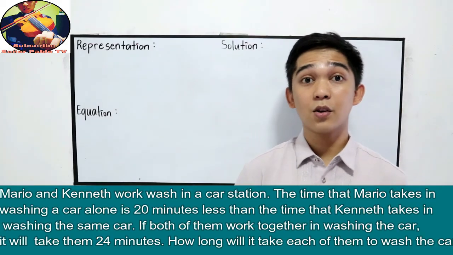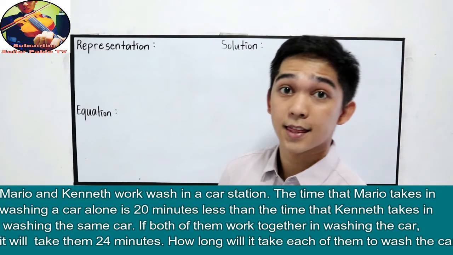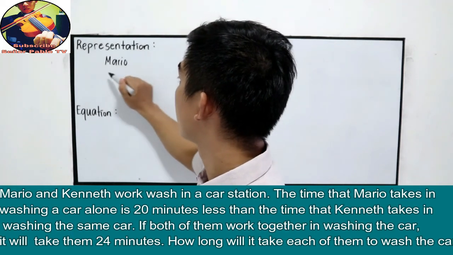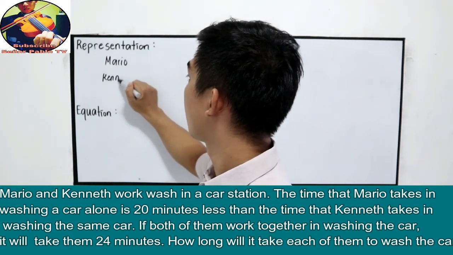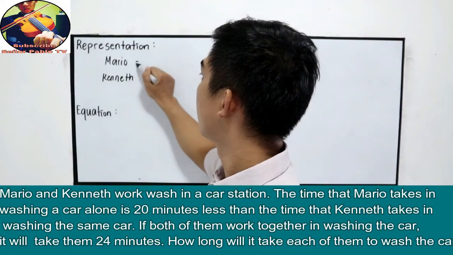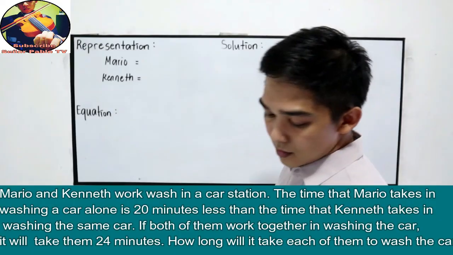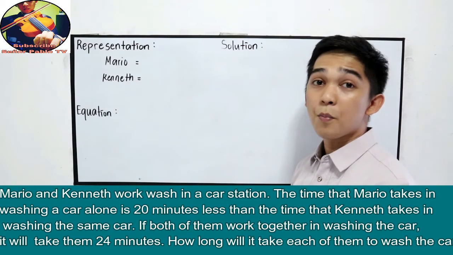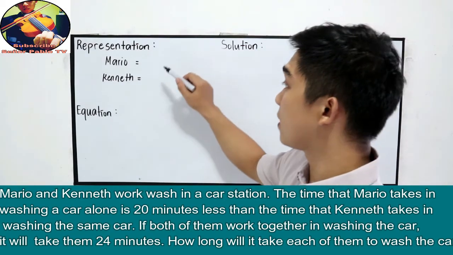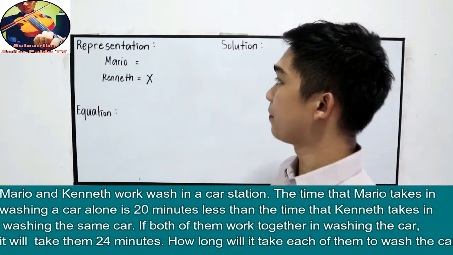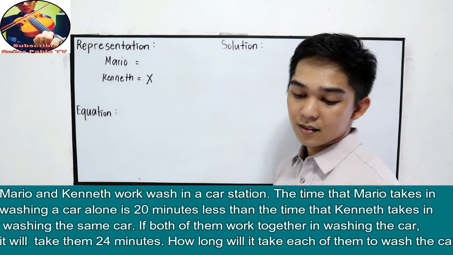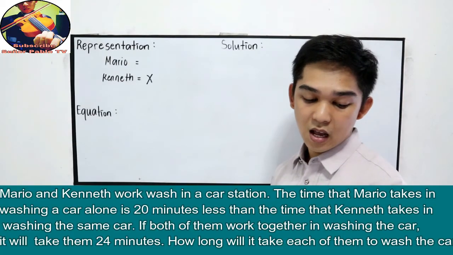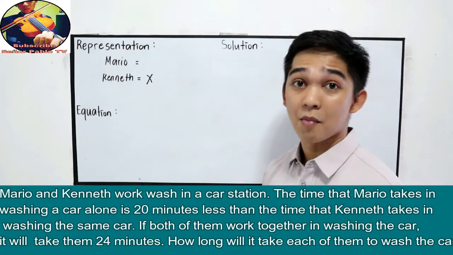So, meron daw tayo si Mario at si Kenneth. Si Mario daw, kino-compare siya kay Kenneth. So, let's say Kenneth be our X. Then, kaya daw niyang tapusin yung isang car ng less than 20 minutes kay Mario.